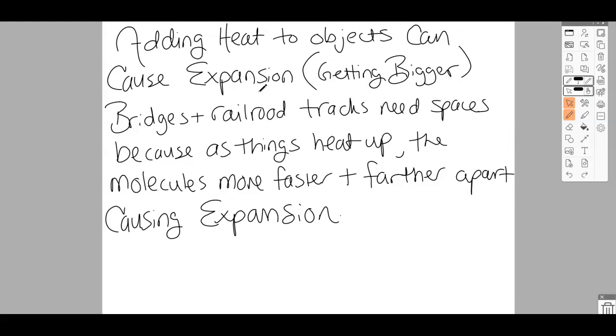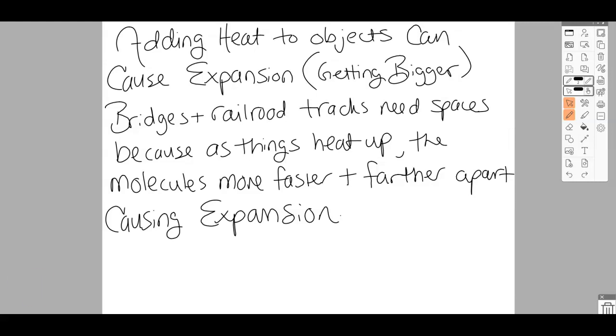We'll watch a video about this here in a few moments. Bridges and railroad tracks need spaces because as things heat up, the molecules move faster and farther apart, causing expansion. So I'm going to give you some time to jot that down in your notebooks. You will be asked to repeat some of this information in the project that we'll talk about at the end of class today.